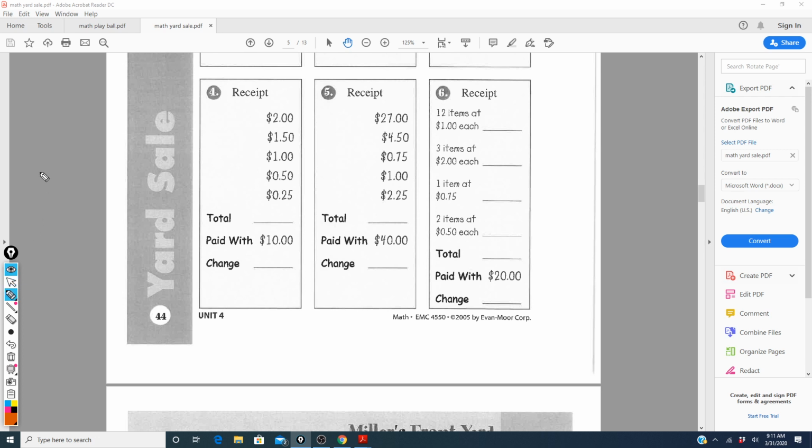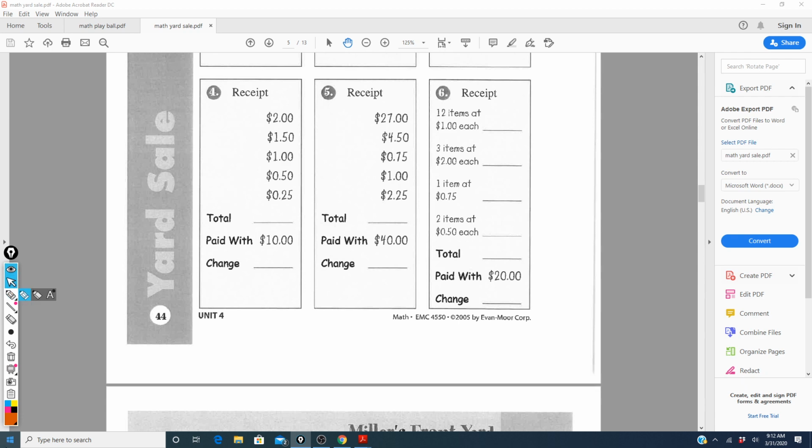So plug right along with number 4. If you have those amounts that you're paying for, $2, $1.50, $1, 50 cents, and 25 cents, you're going to add all of those up.